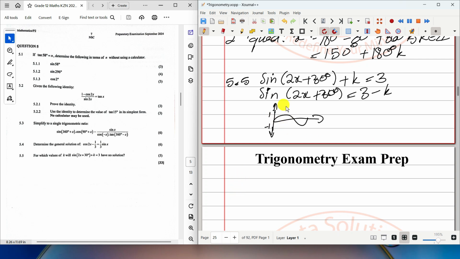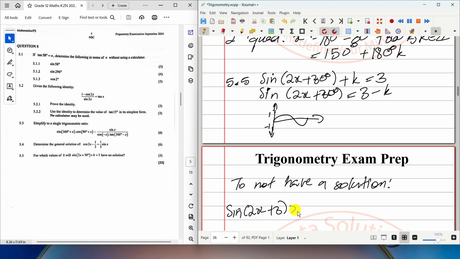Okay, so in other words, for it to not have a solution, I will choose the left hand side. Sine (2x plus 30) must be greater than 1, or the very same thing must be less than -1.